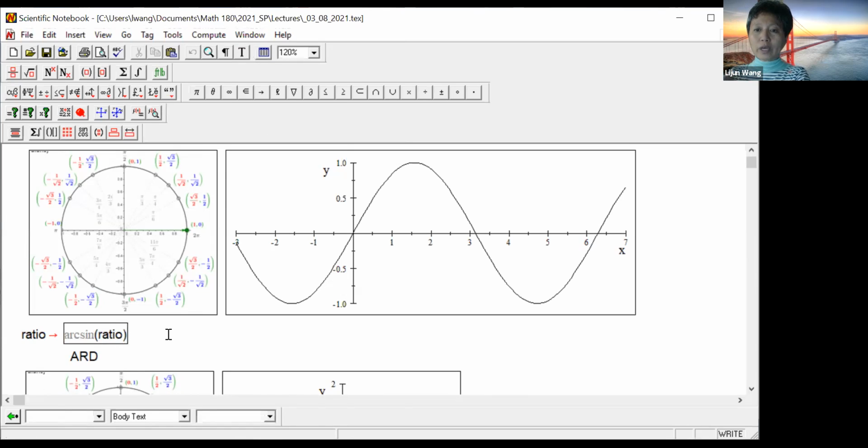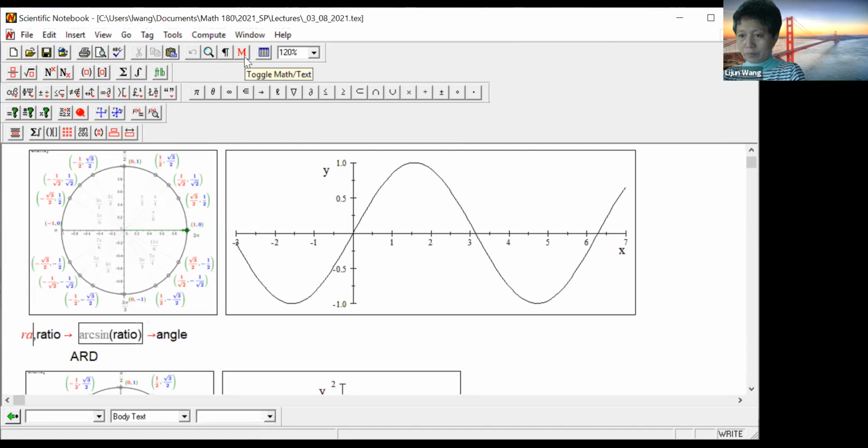In other words, whatever number you enter, it will be treated as a ratio by arc sine for its input. The output is going to be an angle, right? We talk very carefully about what kind of angle this is. This cannot be any angle, right? It's an angle, but it's not any angle. And the ratio cannot be any ratio, right? And we talk about that.